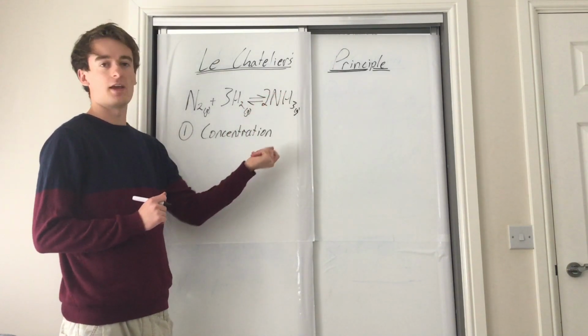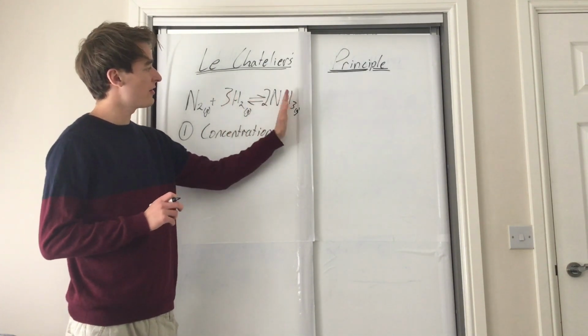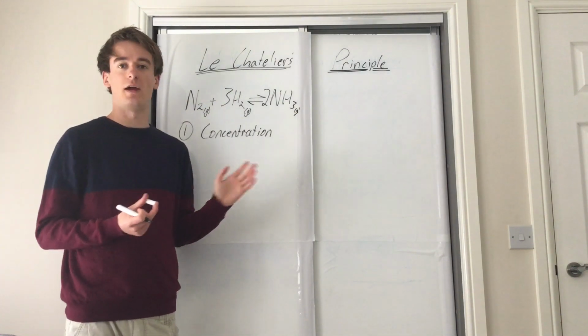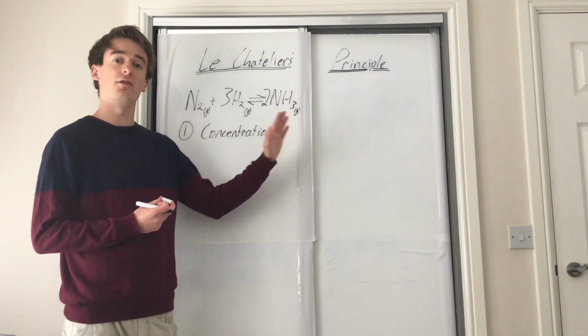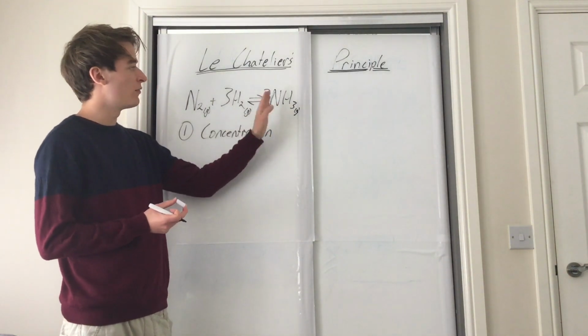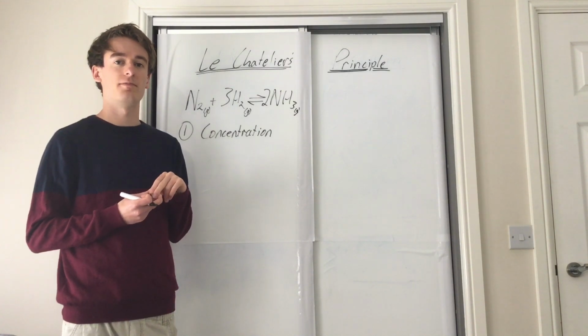If I remove the ammonia from the equilibrium, then the position of equilibrium will shift to the right. In other words, for A-level students, my Kc value would go well above 1. And the system would make more ammonia to compensate for the ammonia that I had removed.